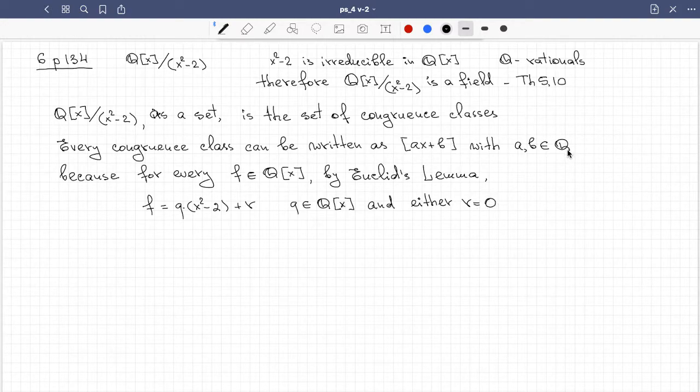0 in this field, in the field of rationals, is nothing but number 0, or the degree of the remainder is smaller than the degree of this polynomial, x squared minus 2, which is 2.